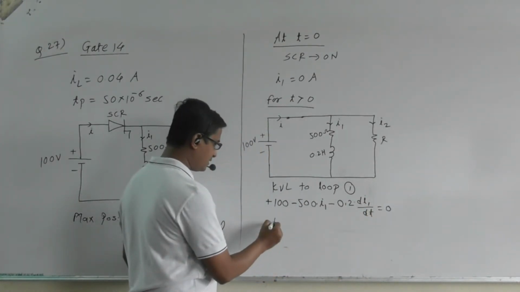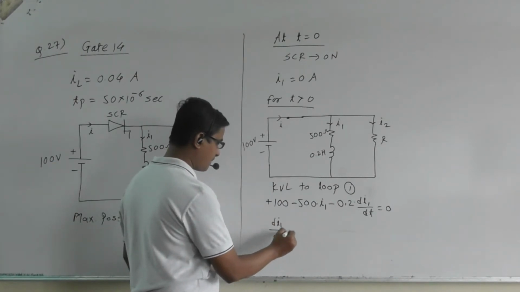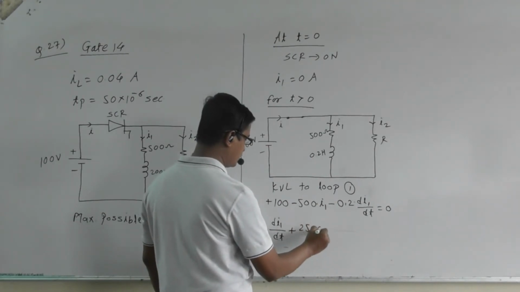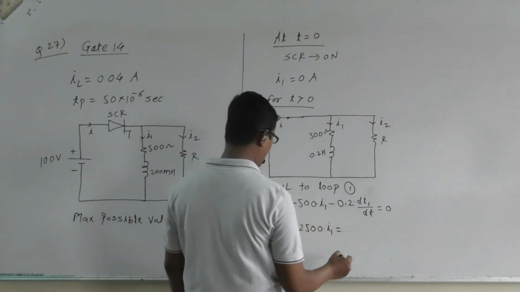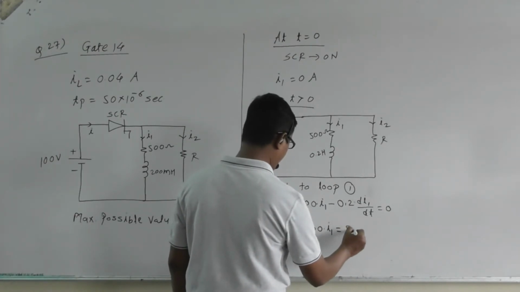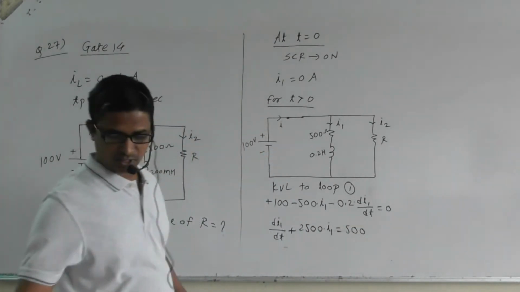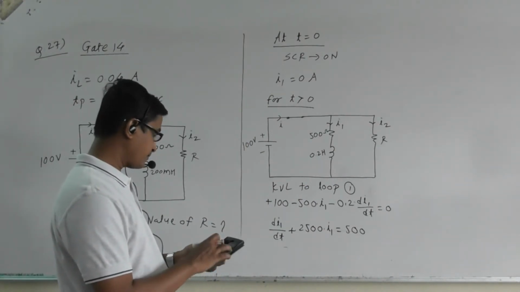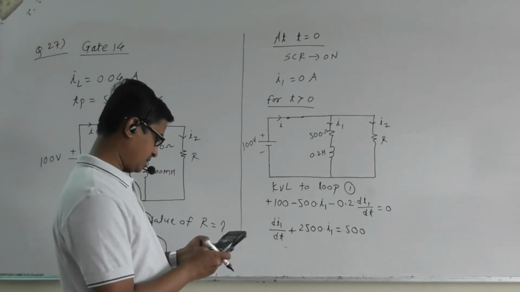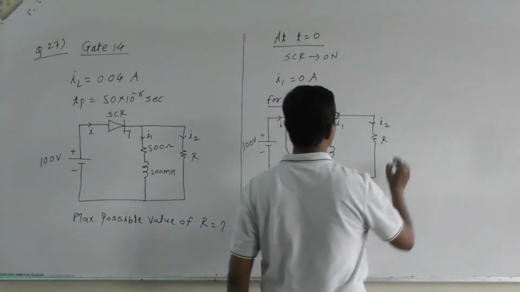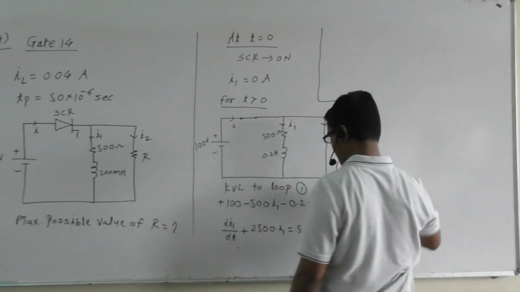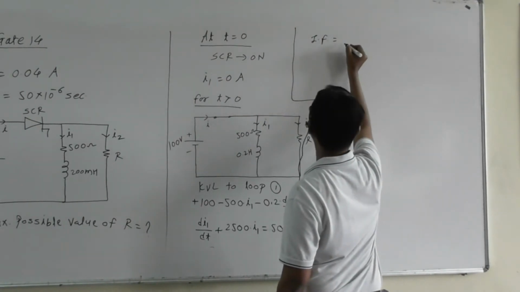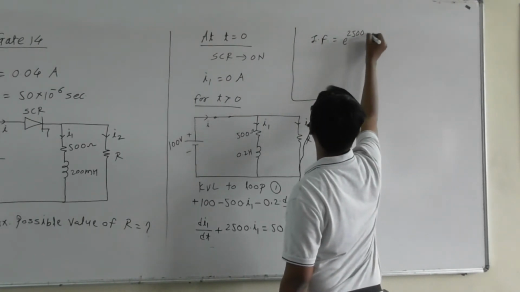So from this we can rewrite it as di1 by dt plus 500 by 0.2, so it is 2500 into I1 is equal to 100 by 0.2, so it is 500, right? So this is the differential equation we are having. Next, can we simplify it? Finding the integrating factor, IF is equal to e to the power 2500 into t, right?